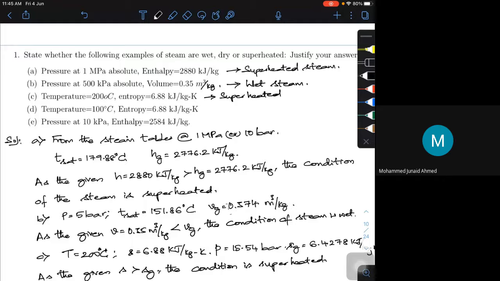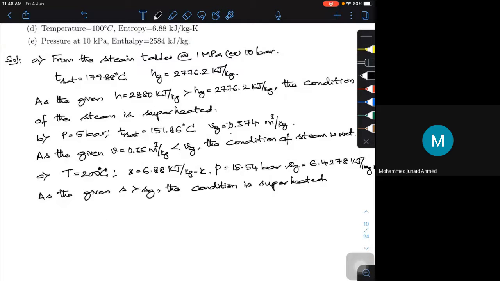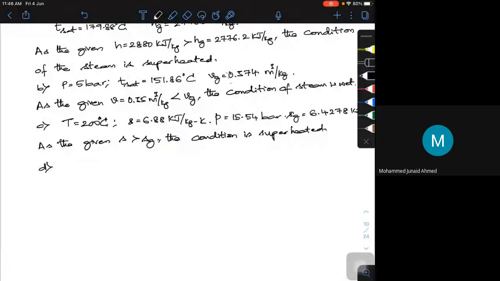Now look at the same entropy at 100 degrees Celsius. Instead of 200 degrees Celsius, now come to 100 degrees Celsius. The temperature is 100 degrees Celsius and the entropy given is 6.88 kilojoules per kg degree Kelvin.